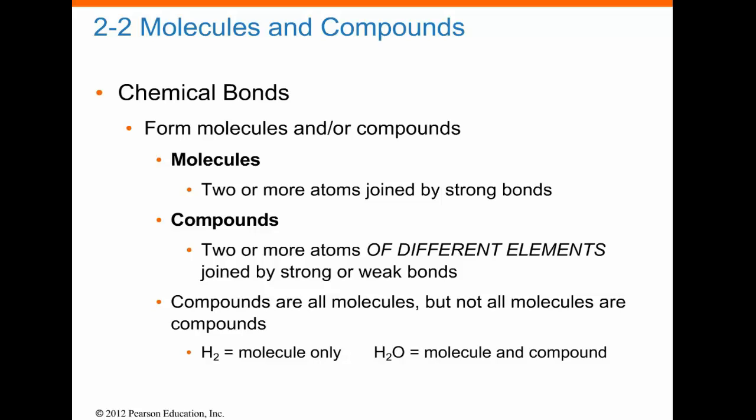So a molecule is two or more atoms of the same element, whereas a compound, just as it said, is a compound of two or more atoms of different elements. So compounds are all molecules, but not all molecules are compounds. For example, if we look at hydrogen, it is a molecule only. But if we look at hydrogen plus oxygen, that is a molecule and a compound.